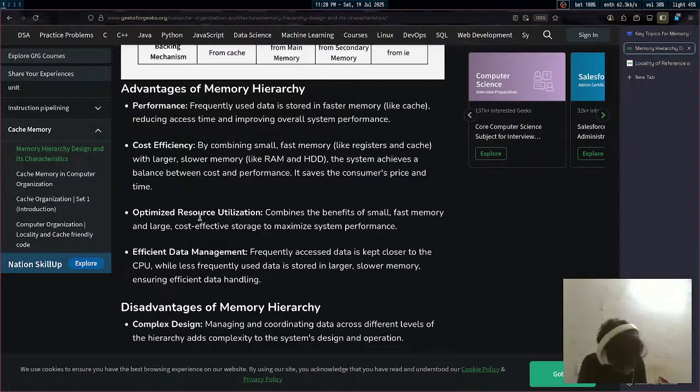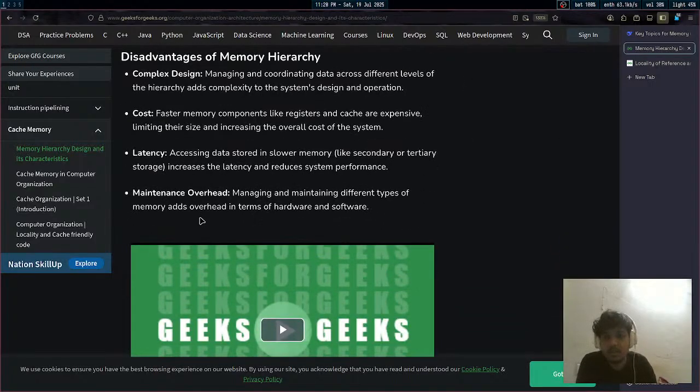And optimized. Yeah, this is fine, this will work.